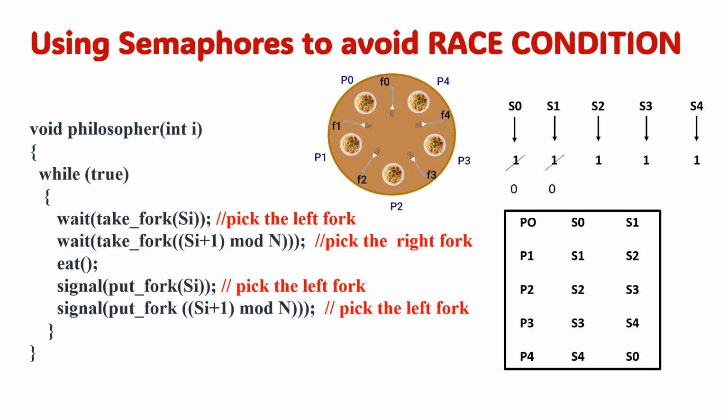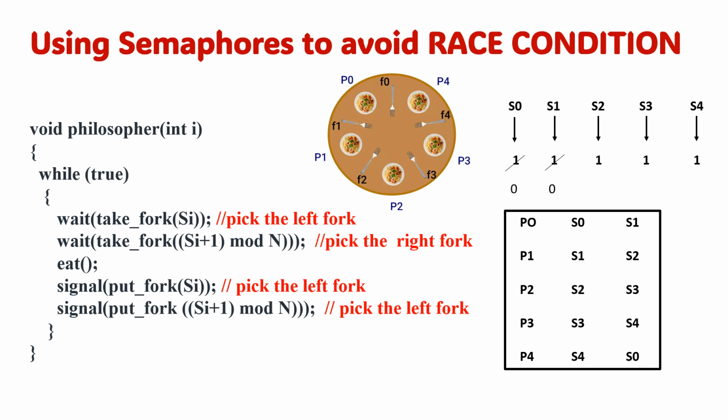But the wait method will try to keep the value of S1 at 0, which is already 0 by P0. So the P1 process will be blocked, and it cannot enter into the critical section at this moment till P0 finishes eating.